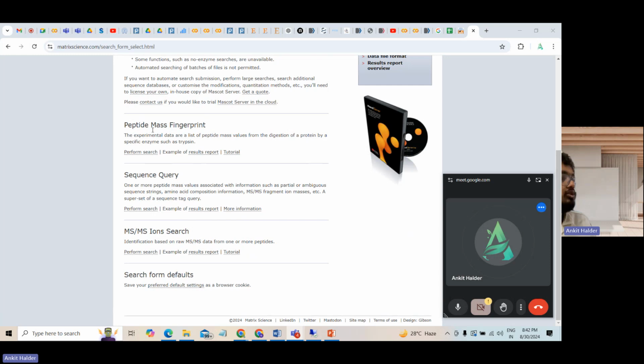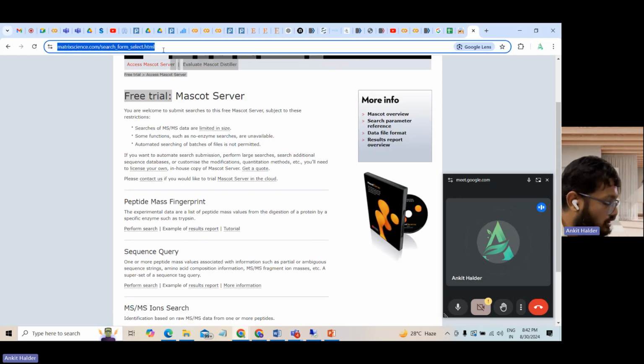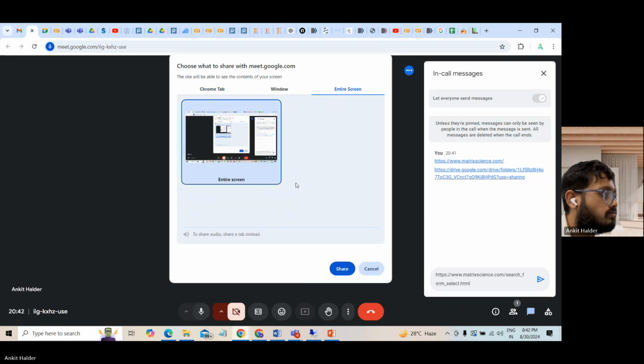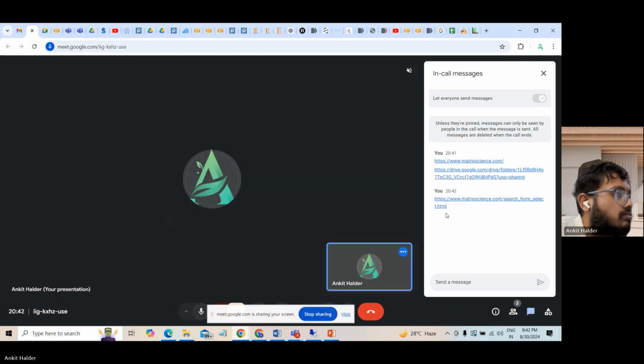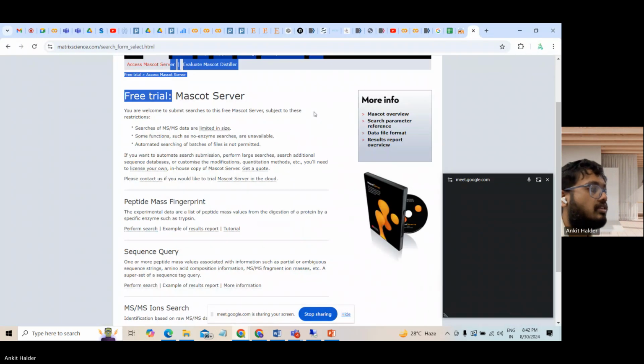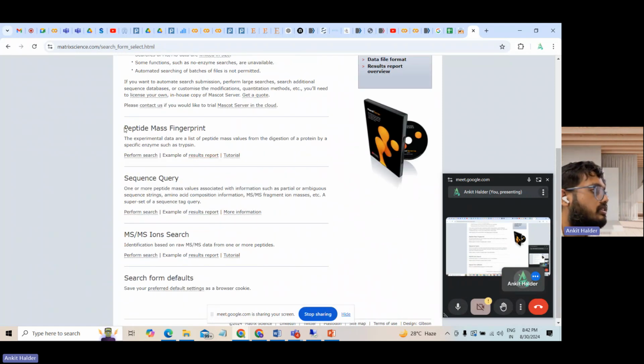So here there are two options, right? You can see, I just shared this link as well. The terms written are peptide mass fingerprint and MS/MS ions search, so both are possible.